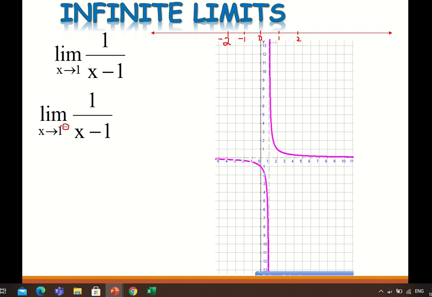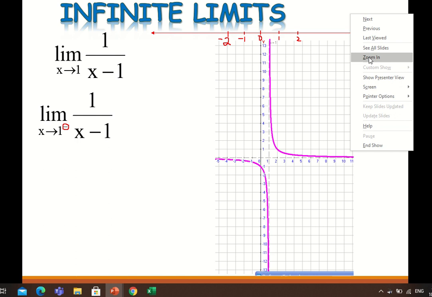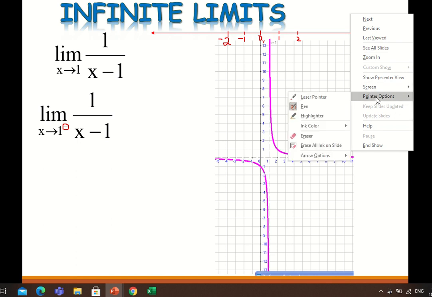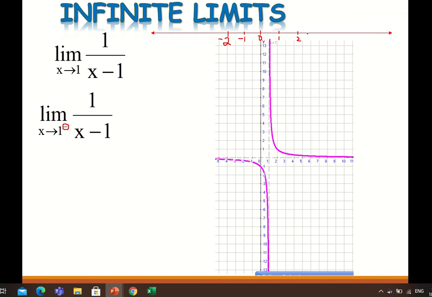If you look at this expression, limit of 1 divided by x minus 1 as x approaches 1 from the left side, it means that x is approaching 1 from the left.